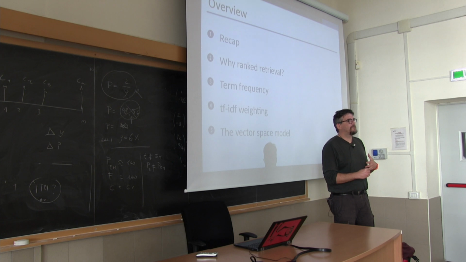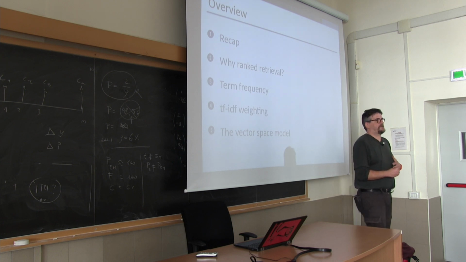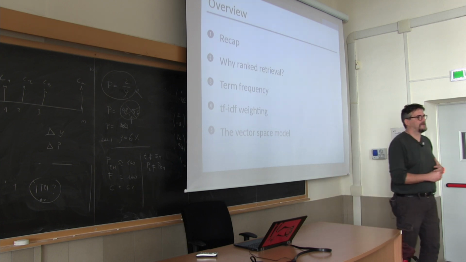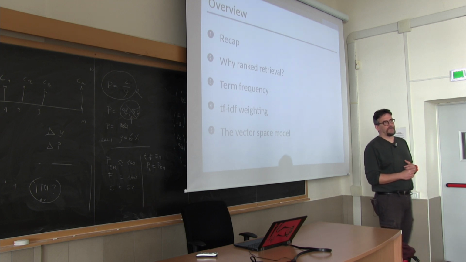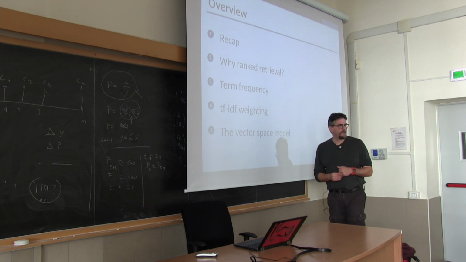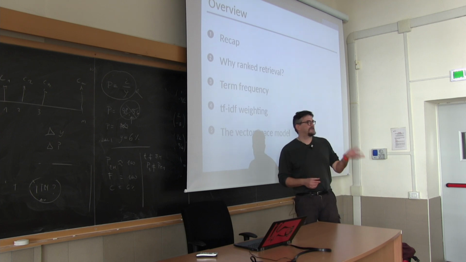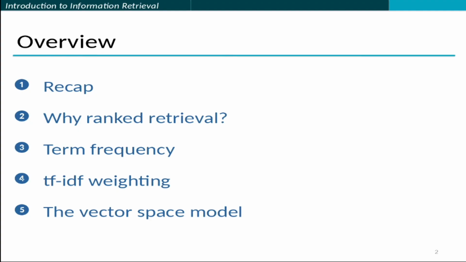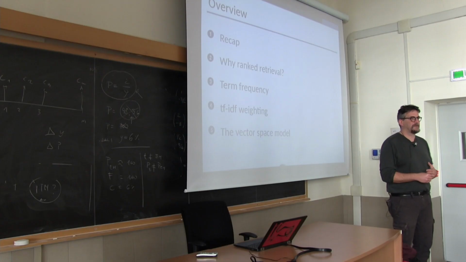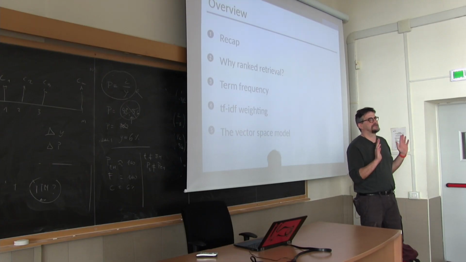So in the Boolean model, the idea is that all the documents that match a given query will be provided as a result, okay? So there is no ranking among the documents. All the documents that match a given query are provided as a result.